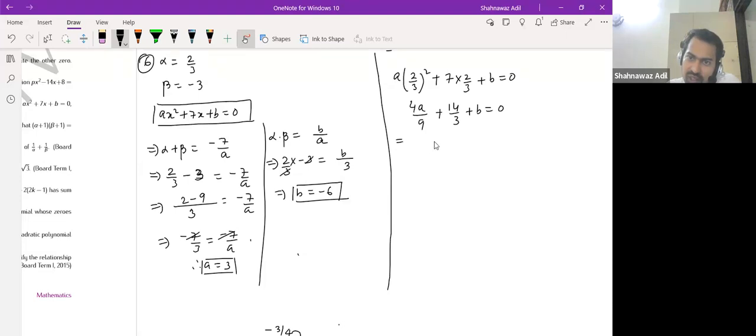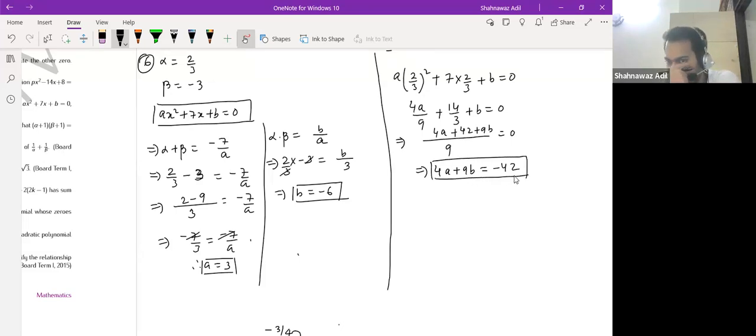So let us take the LCM. This would be 9, and this is 4a plus 42 plus 9b equals 0. So we have 4a plus 9b equals minus 42. This is the first equation that I have, right? Is this correct? Yes, sir. And from the second part, what do I have?